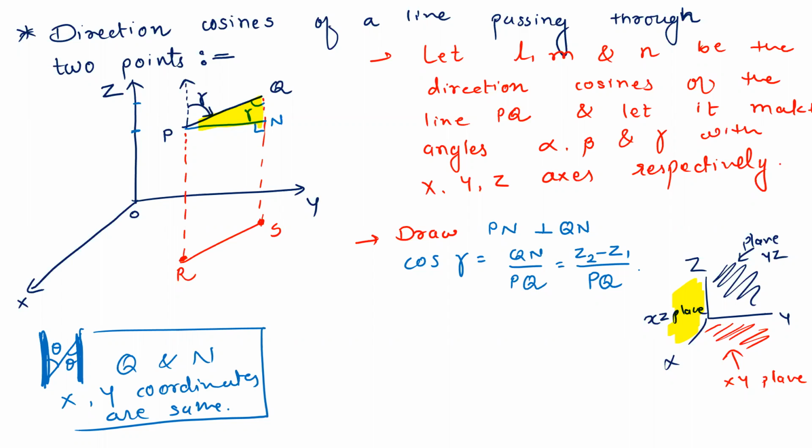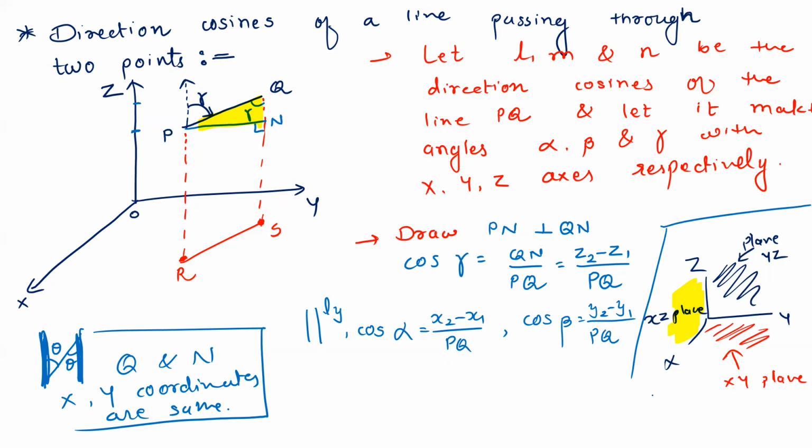Now we can write similarly, cos alpha is equal to x2 minus x1 by PQ, and cos beta is equal to y2 minus y1 by PQ. This is important.